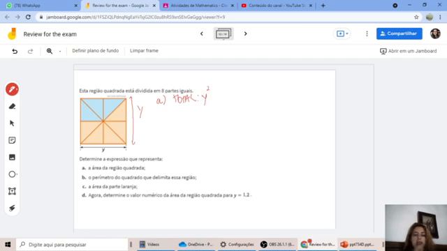But if I want a square like this one here, the side is y over 2, and then y over 2. In the case of the little square, the area is going to be y over 2 to the square, y to the square over 4, right?